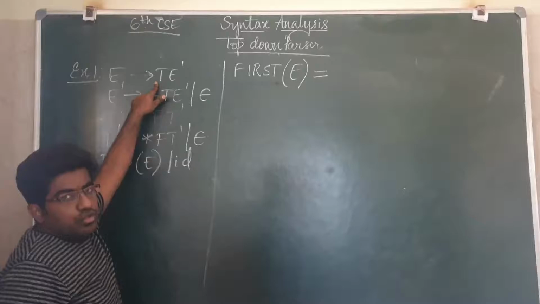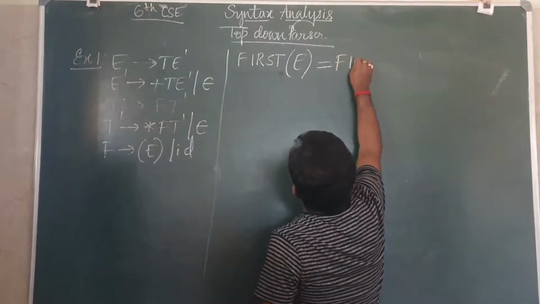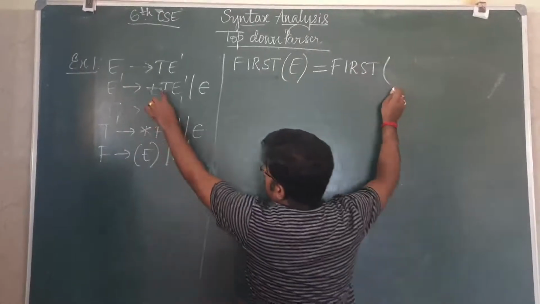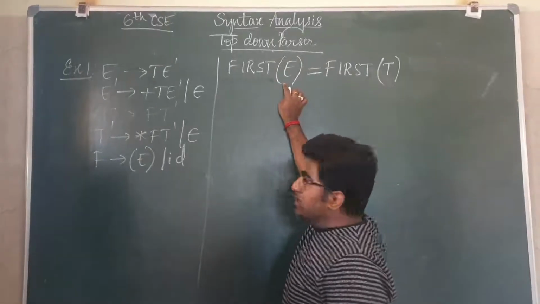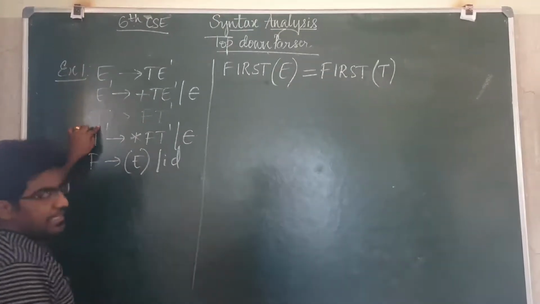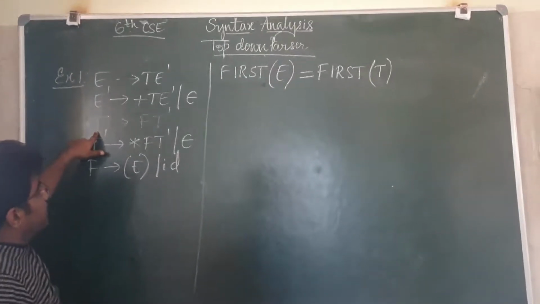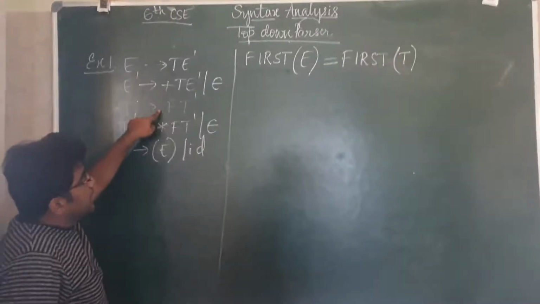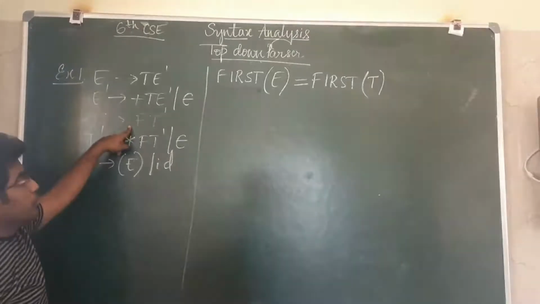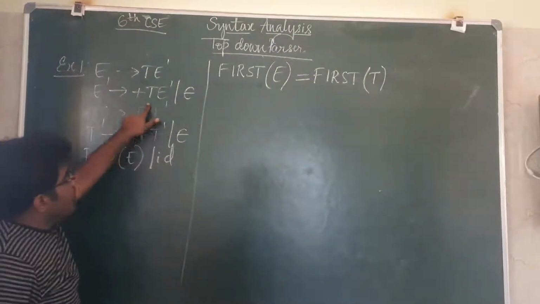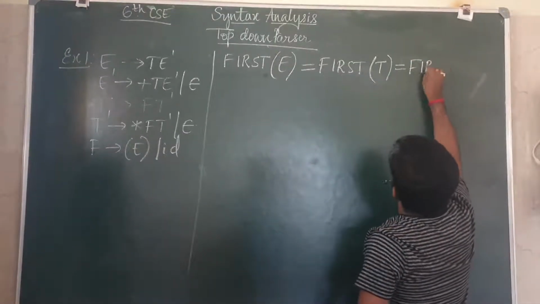No. If there is no terminal in the RHS, then you consider the first of that non-terminal as the first of this. Got it? So we move on to T. Again, we look for the very beginning terminal in the RHS. Here also for T, there is no terminal in the RHS. So we have to consider first of F as first of T, which is equal to first of F.